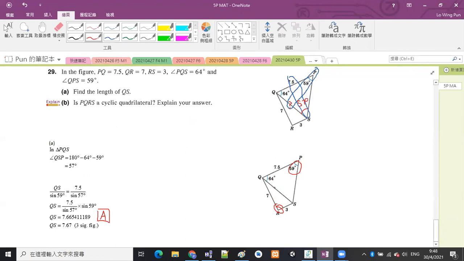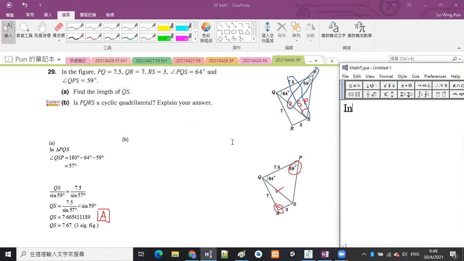In order to find this angle R, we have already found the length of QS in part A. Angle R belongs to triangle QRS, and in triangle QRS, we have 3 pieces of information: 7, 3, and length QS. So we may use the cosine formula to find angle R. In triangle QRS, I want to find angle QRS.